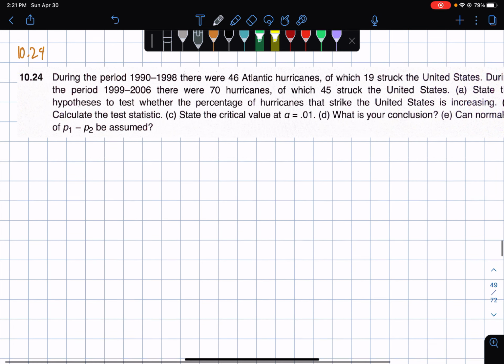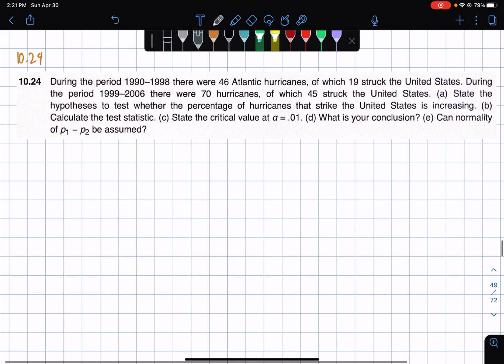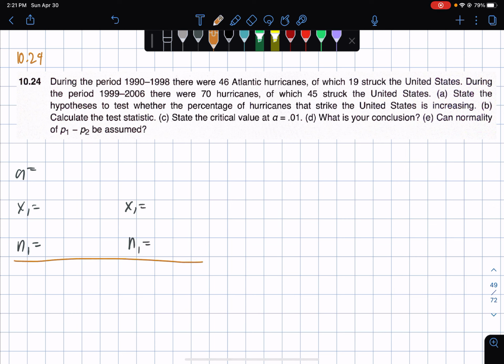During the period of 1998. Before we read it, let's enumerate what we have to find. During the period, 70 hurricanes.